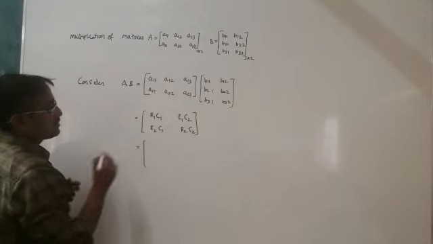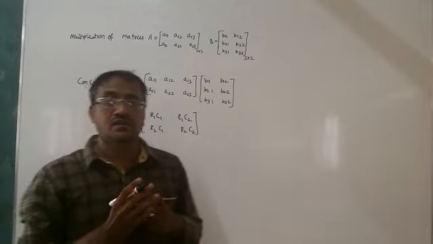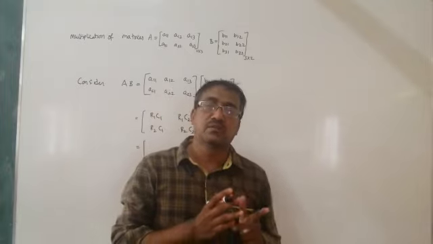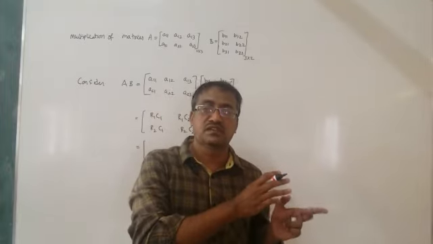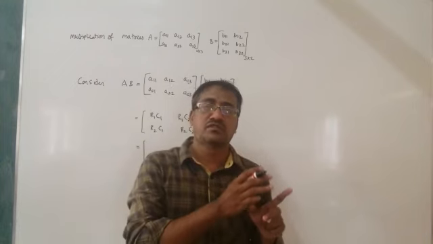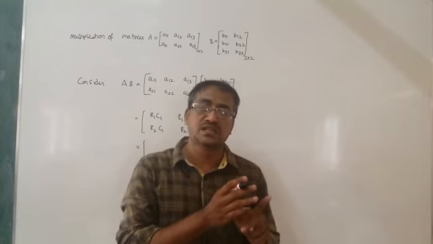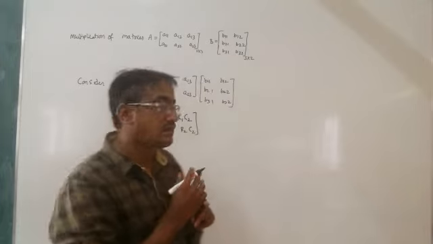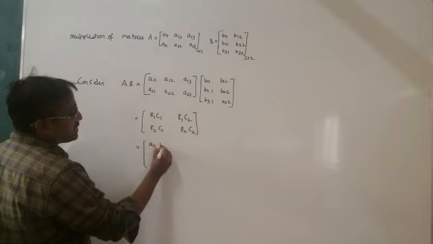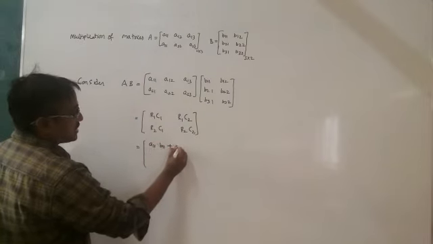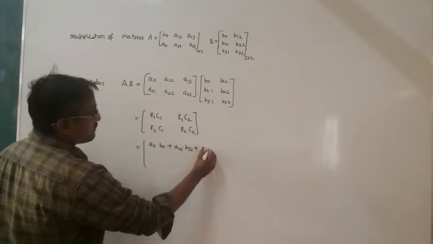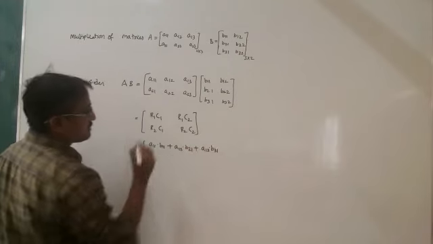So let us see what is R1C1. R1C1 is the sum of the product of the elements in the first row and first column. So A11 into B11 plus A12 into B21 plus A13 into B31.